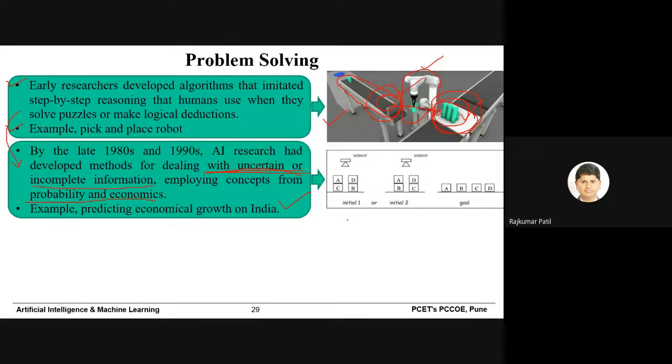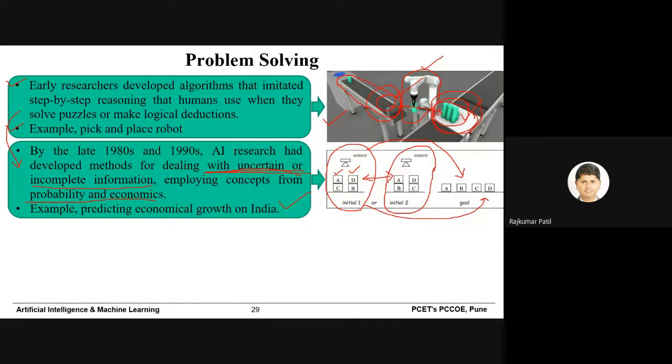Again, we will take another example. Suppose you have four blocks, say A, B, C, D, and your goal is to place them in such a way that first the A block would be there, then B, then C, and then D. If we train a model based on the given location of blocks A, B, C, D, then it will work appropriately and you will achieve your goal, that block B will be after block A, C after B, and D after C. But if a new situation is given to it, you can compare initial situations 1 and 2.